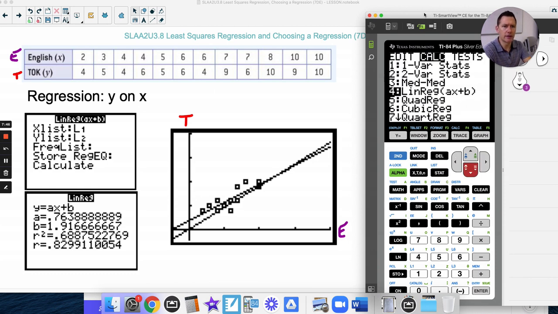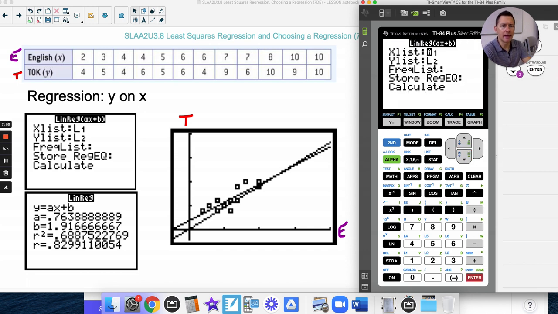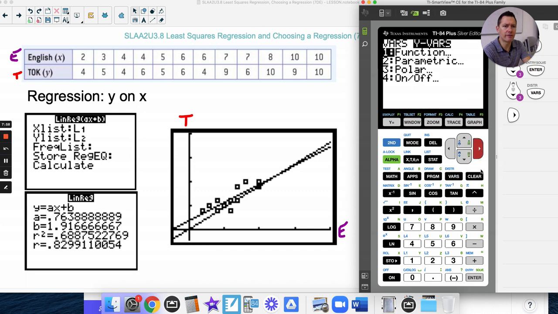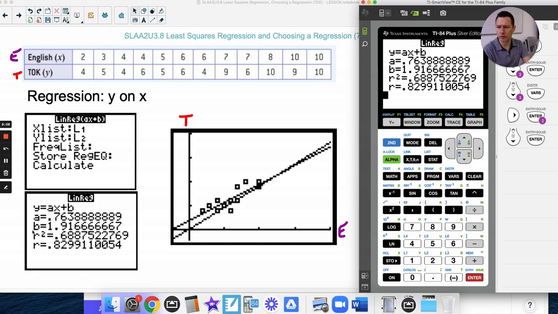I'd like you to calculate me a linear regression, please. I said let X be list 1 and Y be list 2. I'm going to store my regression in vars, y vars, function y1. So it's just going to take that equation, put it into y1. And if you calculate, ba-boom, should give you this same thing.